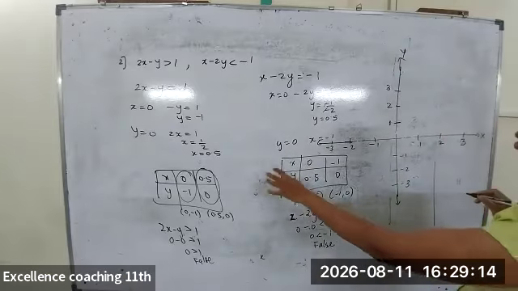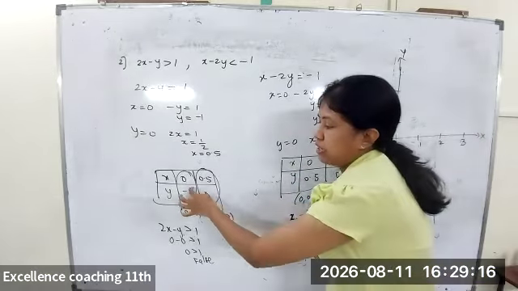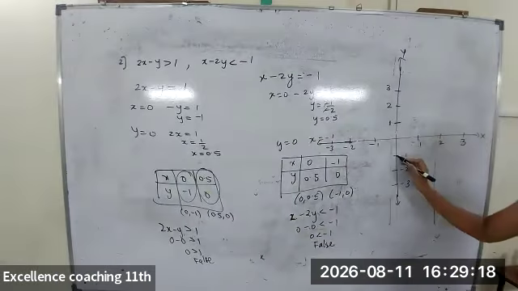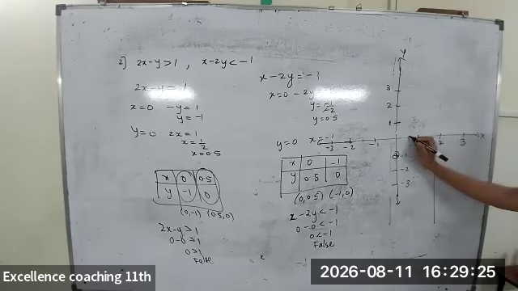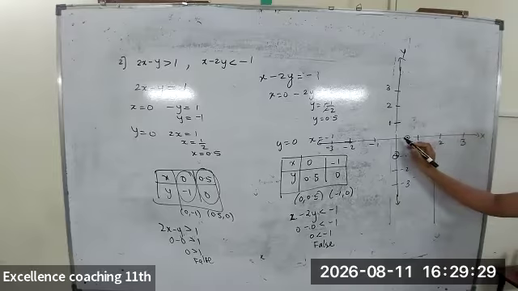Now I'm plotting the first line: 0 comma minus 1 is on the y-axis, and 0 comma 0.5. 0.5 is here.